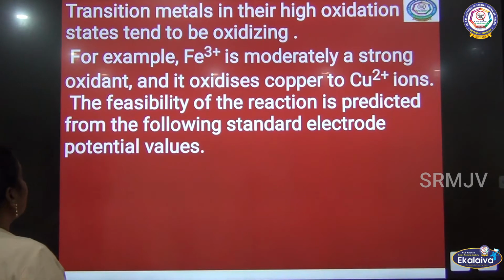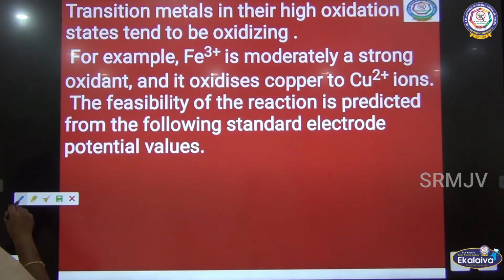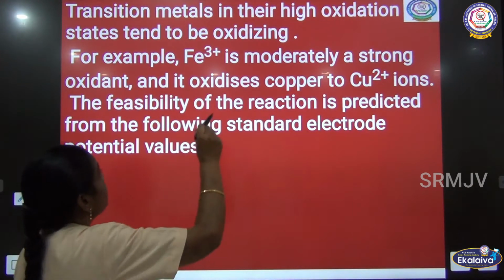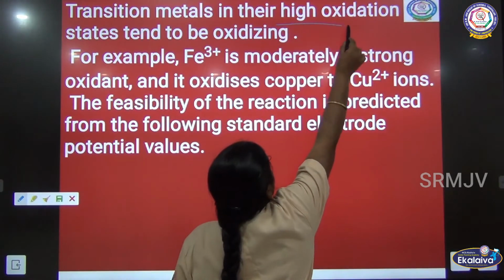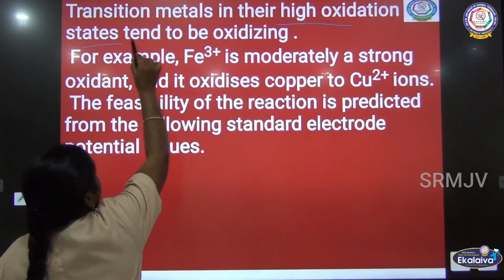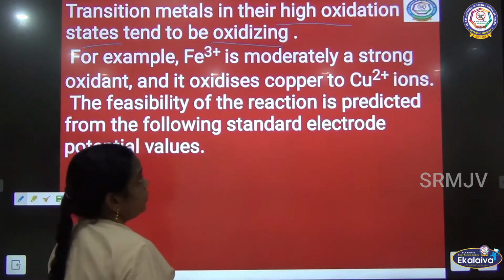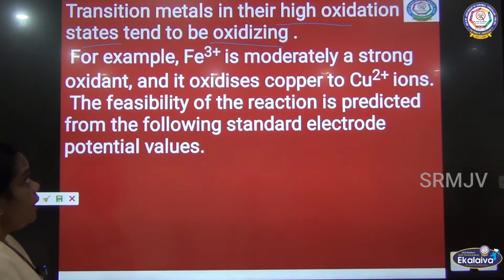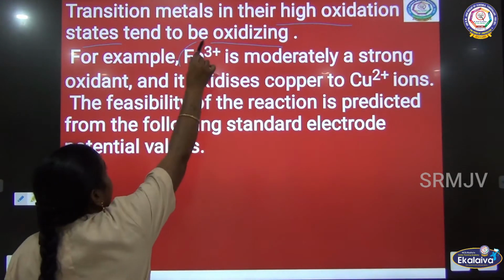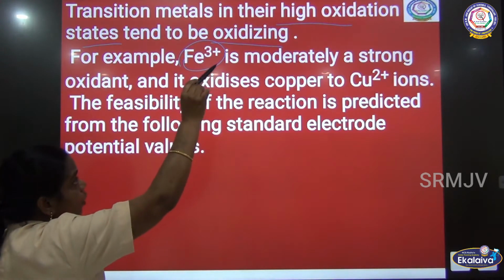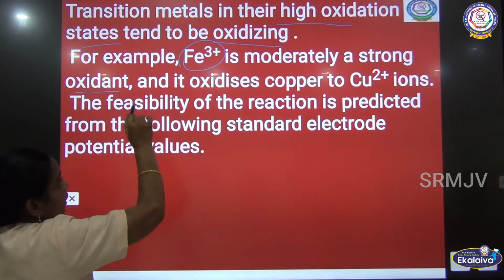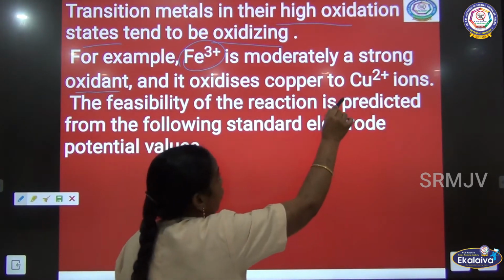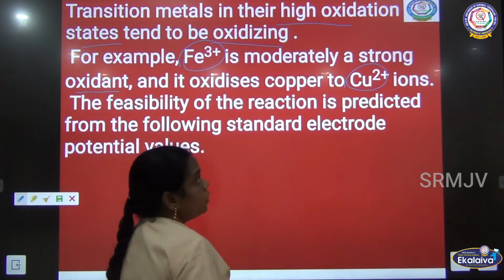And next, now you can see that a transition metal with a higher oxidation state, a high oxidation state, is oxidizing. So comparing, Fe3 plus is a moderately strong oxidant when compared to Cu2 plus.